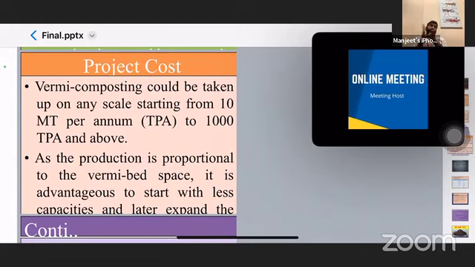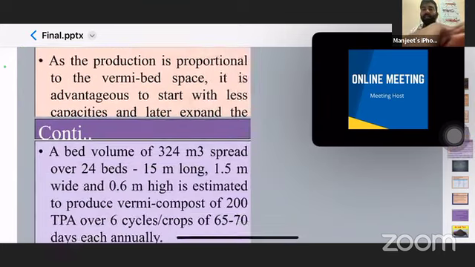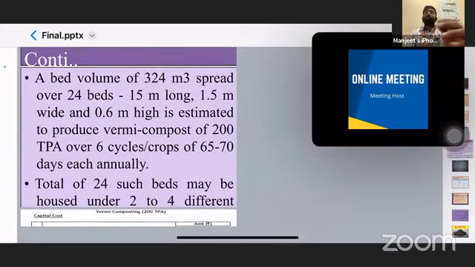So in the initial stage, we should start on a small scale. By starting on small scales, we gain experience in this particular business as well as other experience, like market demands and what the major constraints are in the marketing channels, etc.